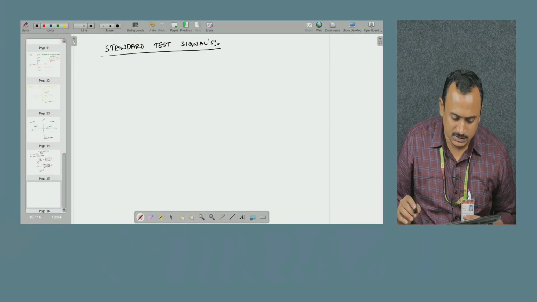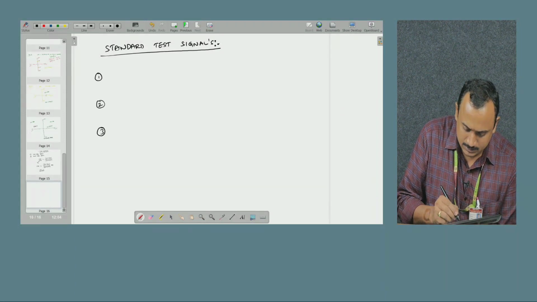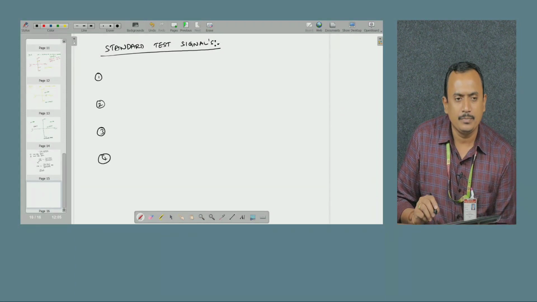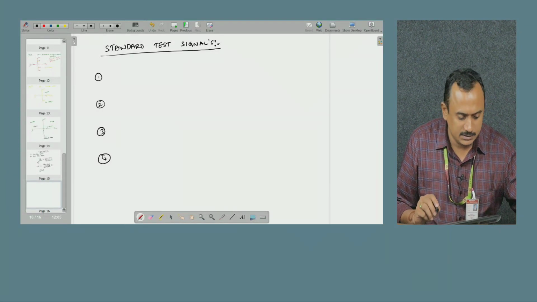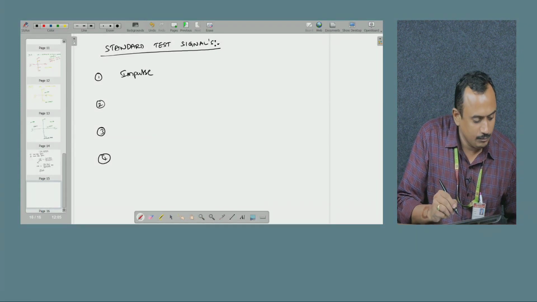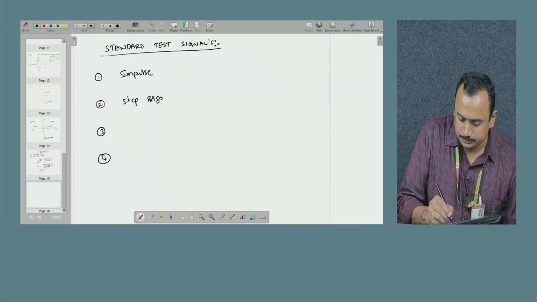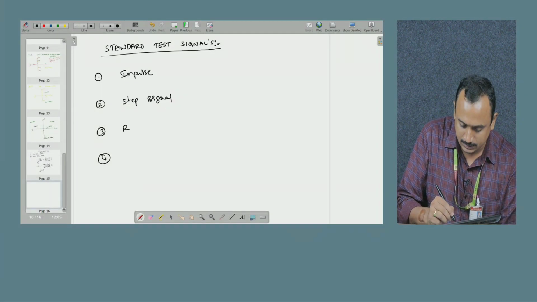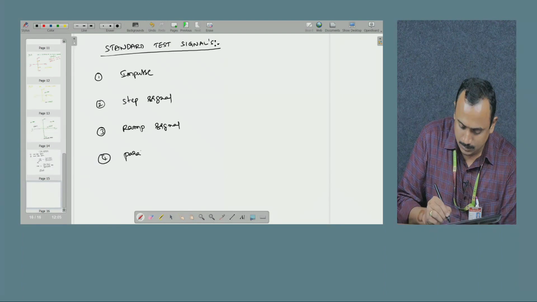Generally, we discuss 4 standard test signals. In that, the first one is impulse, the second one is a step signal, the third one is ramp signal, and the last one is parabolic signal.